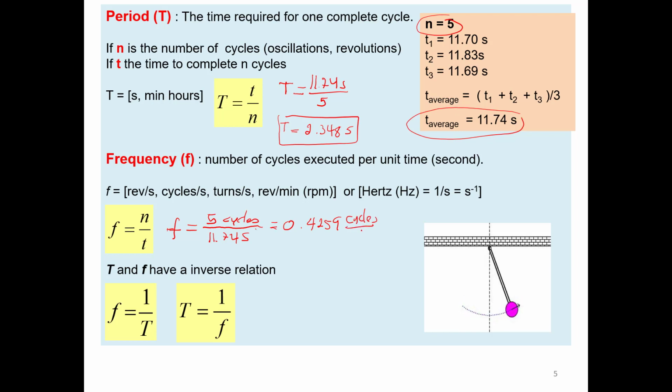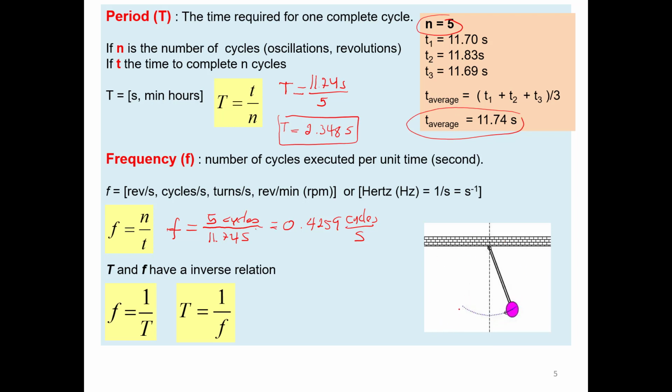cycles per second. In this case it is how many cycles this pendulum can execute in 1 second. Just about half of the oscillation.